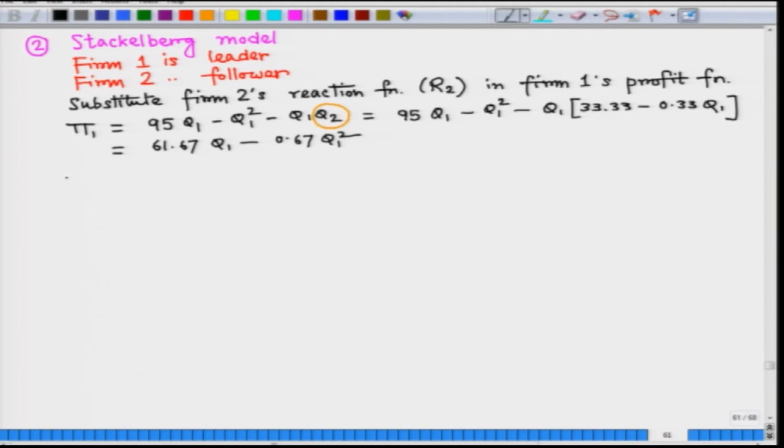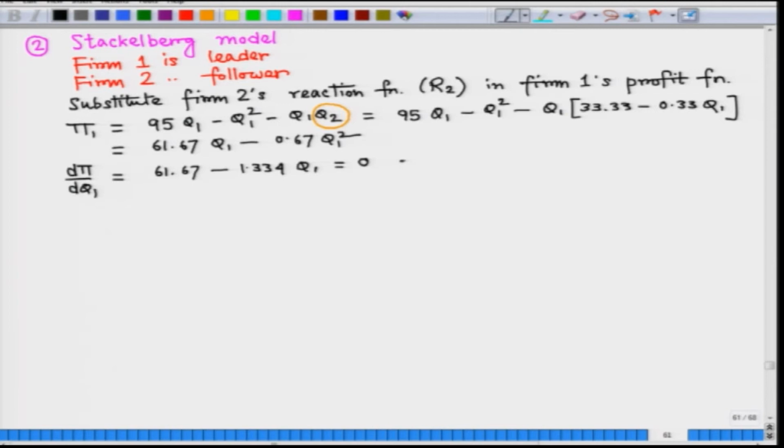Now, the Stackelberg leader will behave like a monopoly and it will try to maximize its profit, and for that it can take the derivative of the profit function and we get, right.